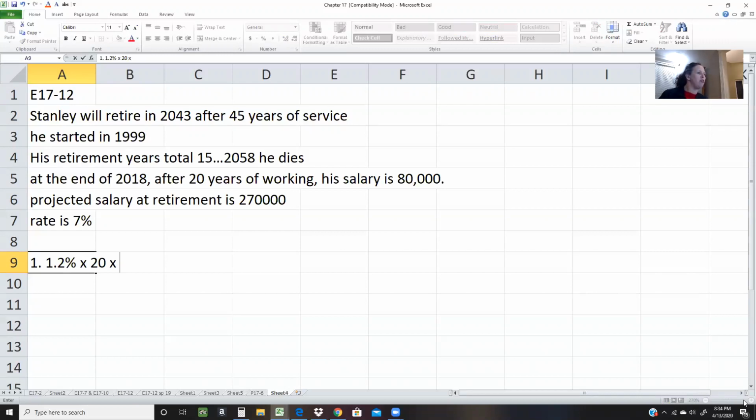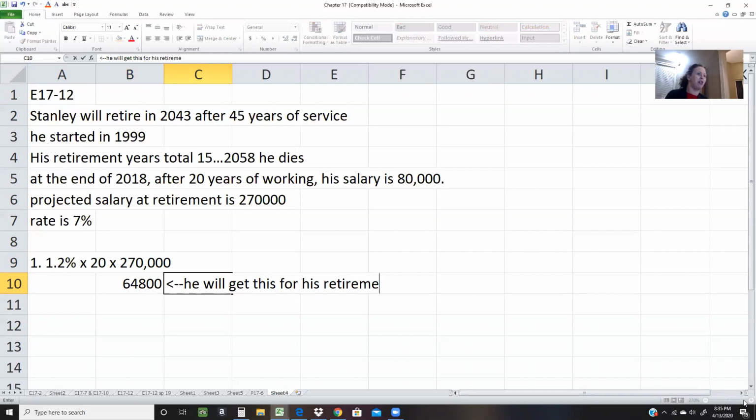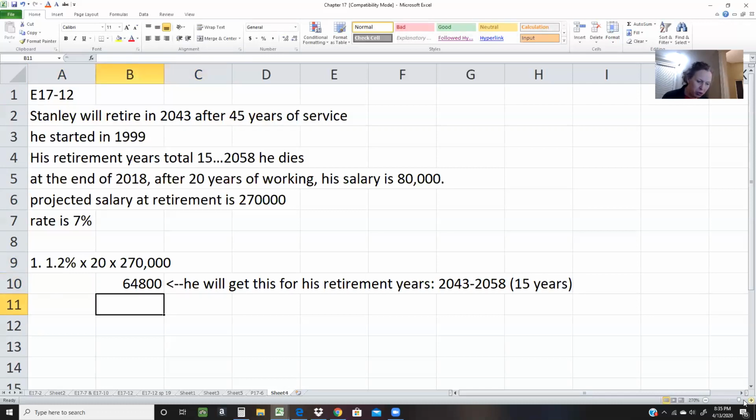So we're going to go ahead and use his final year salary. If we take 0.012 times 20 times 270,000, this is his annual amount. He will get this for his retirement years, which are from 2043 to 2058, 15 years. So we want to estimate the amount of his retirement payments.